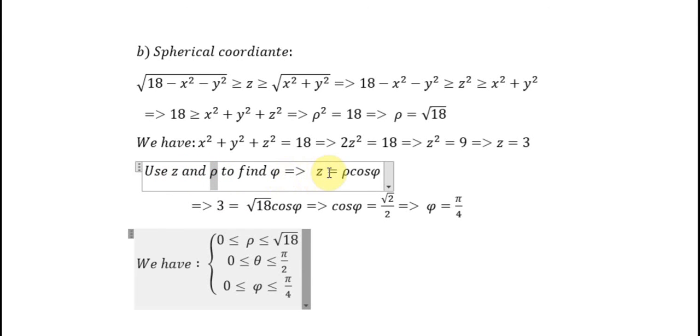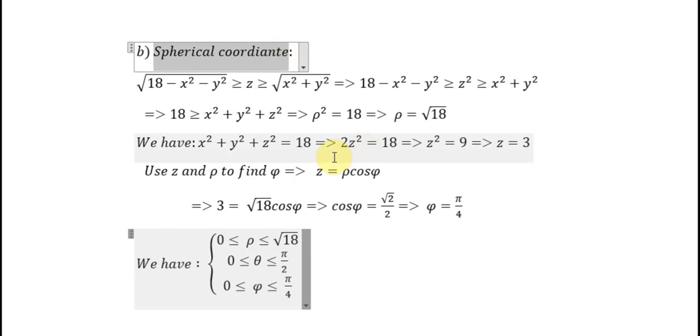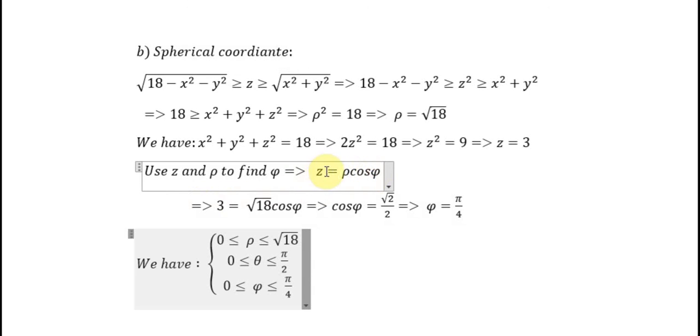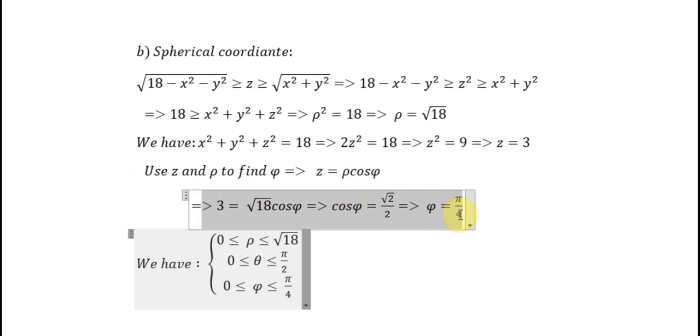We apply the spherical coordinate formula, z equals rho multiplied by cosine phi. So z is 3, rho is the square root of 18, and we calculate to find phi, and phi here is pi divided by 4.